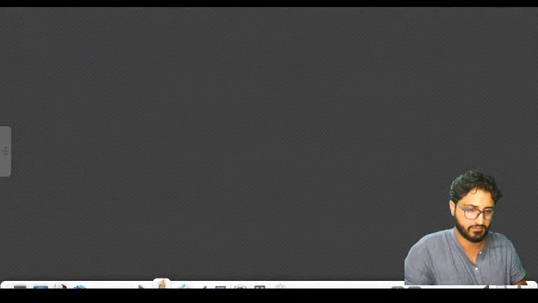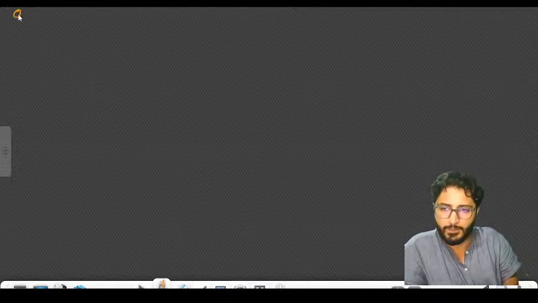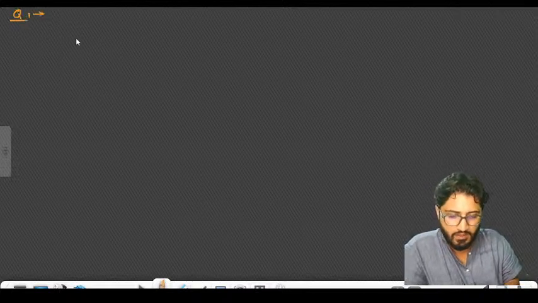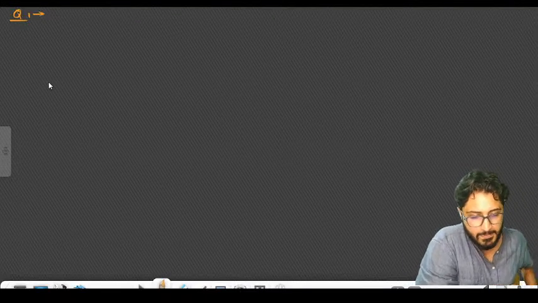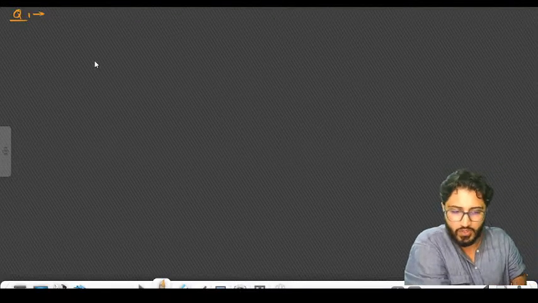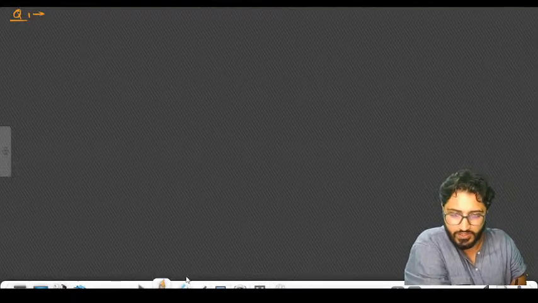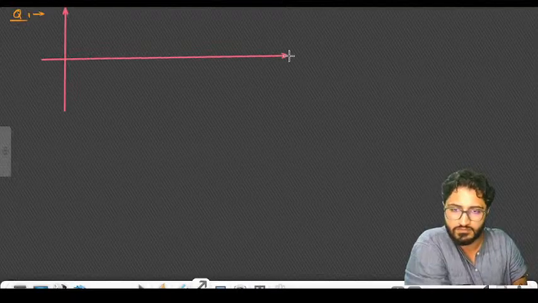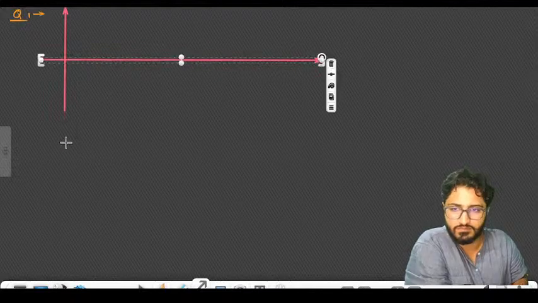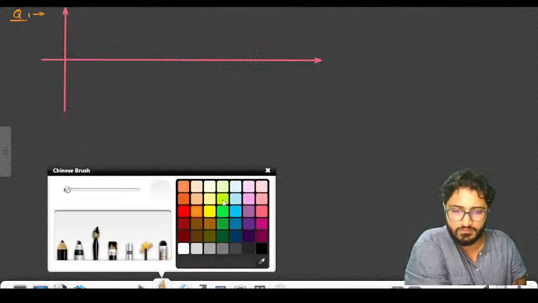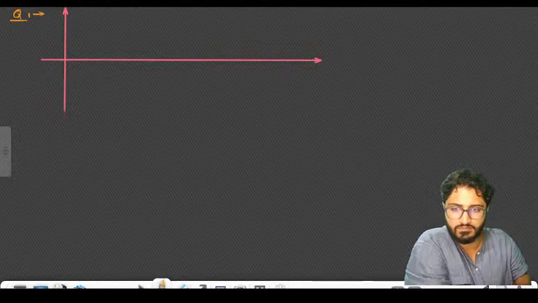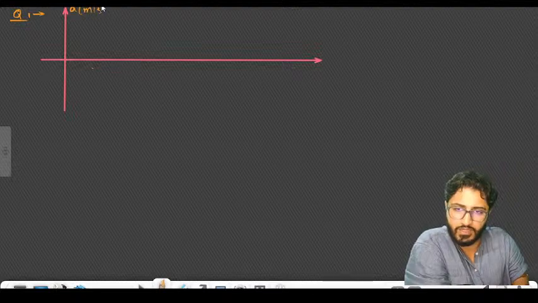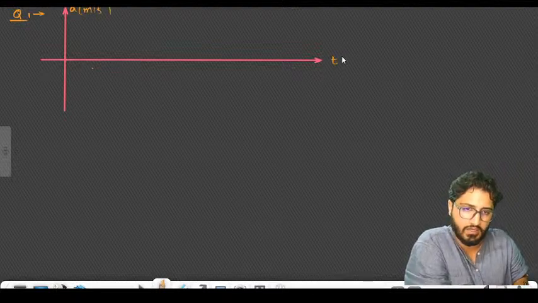Look now. So what is given to us? Acceleration time graph is given to us. Think about it. Acceleration in meters per second square, time in second.